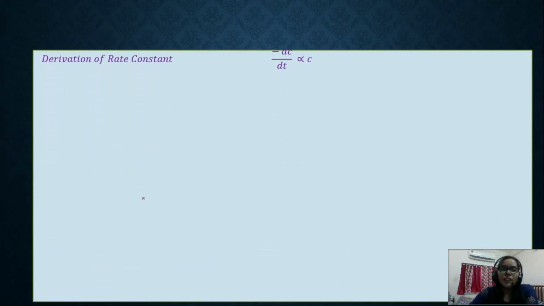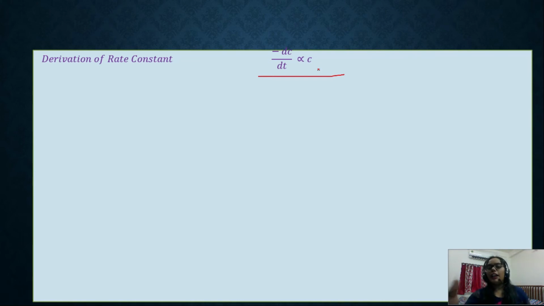Now we will derive the rate constant of the BOD reaction. Look here. I have written dC by dt is proportional to C. Now the question is, why minus dC by dt is proportional to C?